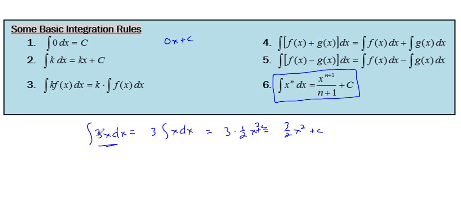Plus c. Slow down there. We just got to be able to find the antiderivative really quickly. These are basic properties. We just got to know they exist, be able to use them, identify them, and rewrite.